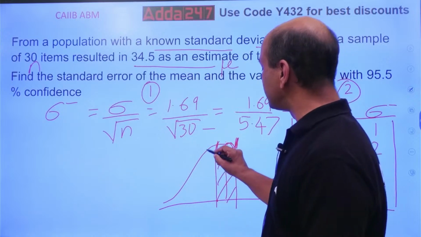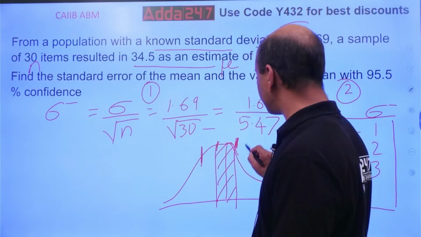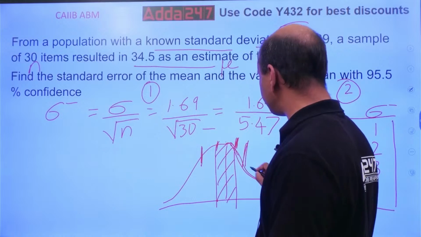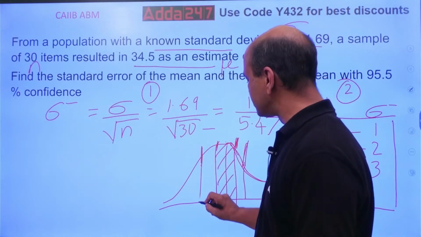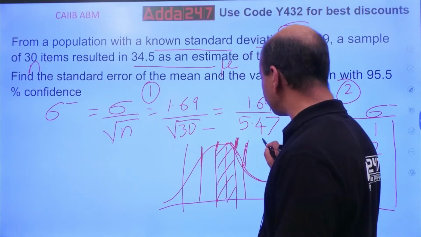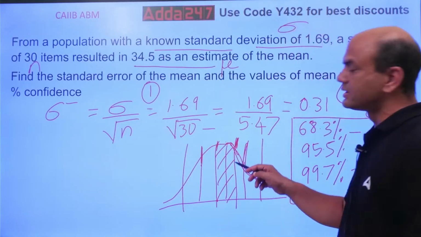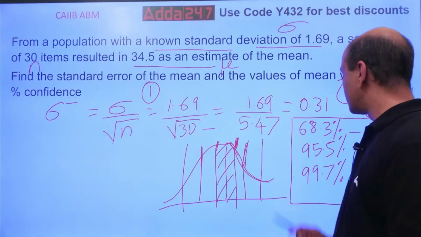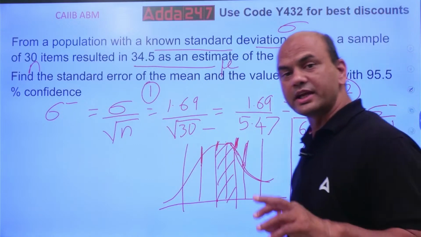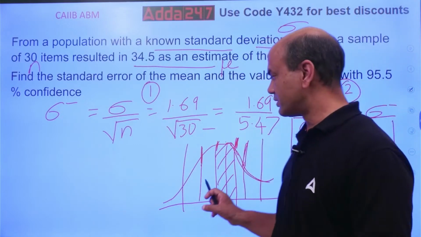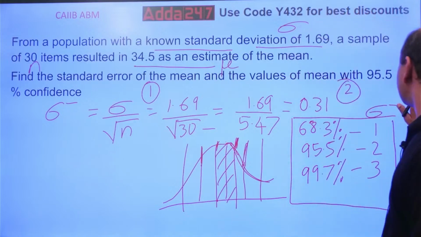When I say two standard error, 95.5, I am talking from year to year. When I say three standard error, I am talking from year to year. So as I go on increasing the confidence level, my accuracy actually decreases. Got it clear?